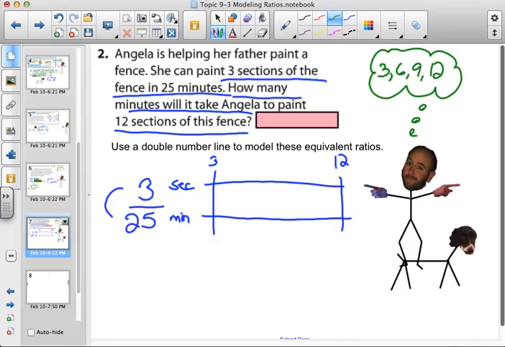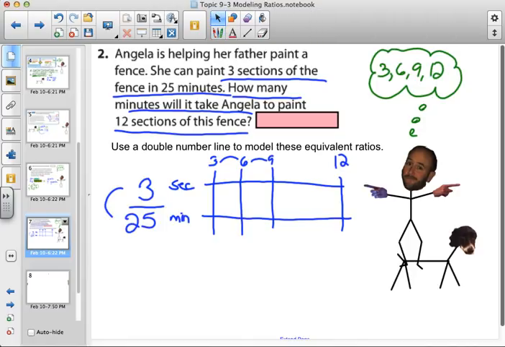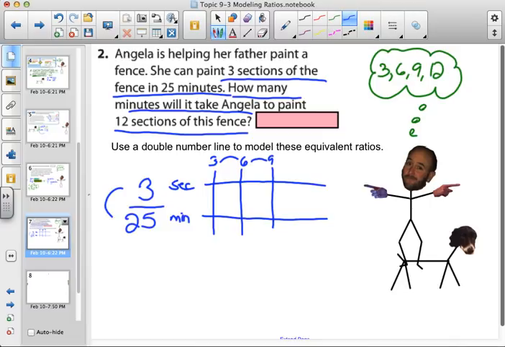Those are all multiples of 3, so we'll make a line for 6, because 3 plus 3 is 6, and a line for 9, because 6 plus 3 is 9, and then we're going to move that 12 a little closer to make it look good. And so we are now where we want to be in terms of our 12 sections.